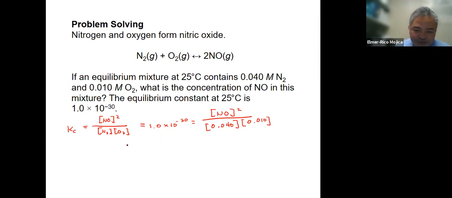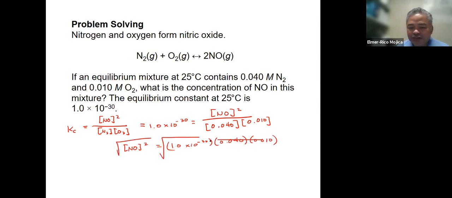So you rearrange: NO squared equals 1.0 times 10 to the negative 30 times 0.040 times 0.01. All you need to do to get the NO is to get the square root of that. And what do you get as the NO?